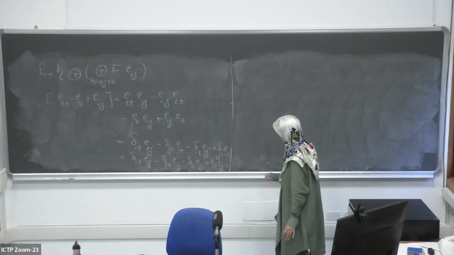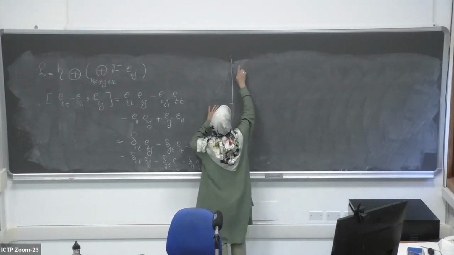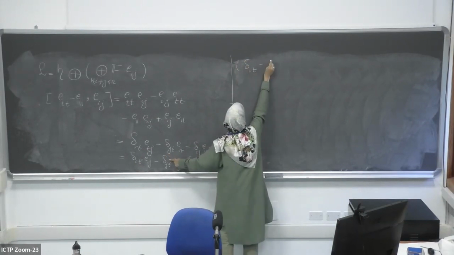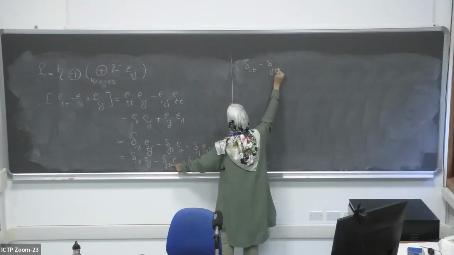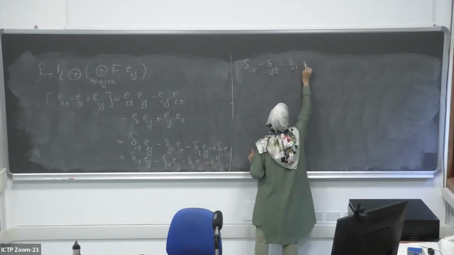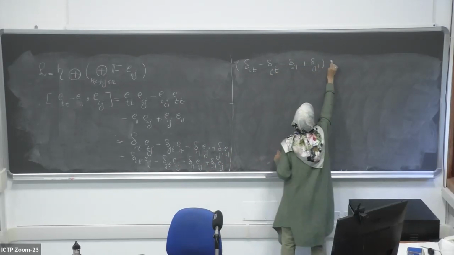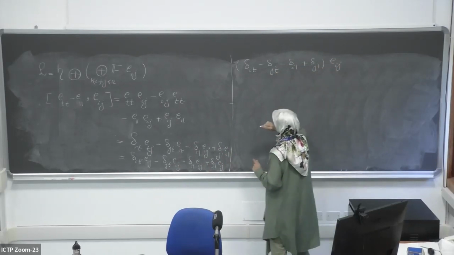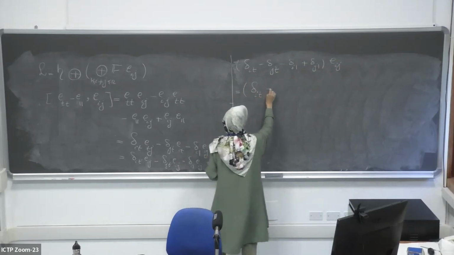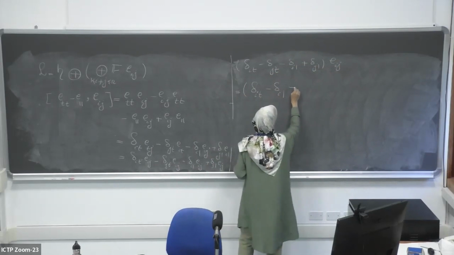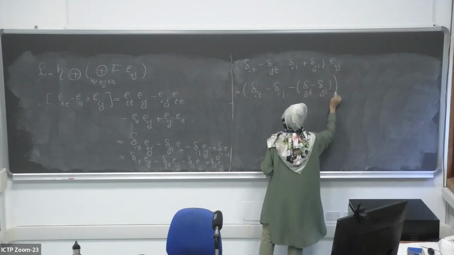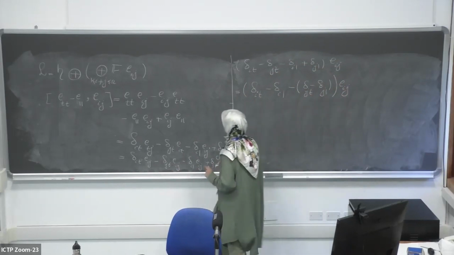And I can factorize E_ij, and what we have is (delta_it minus delta_jt minus delta_i1 plus delta_j1) E_ij, and it is equal to (delta_it minus delta_i1 minus (delta_jt minus delta_j1)) E_ij.